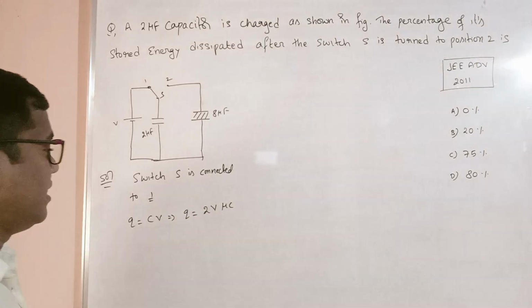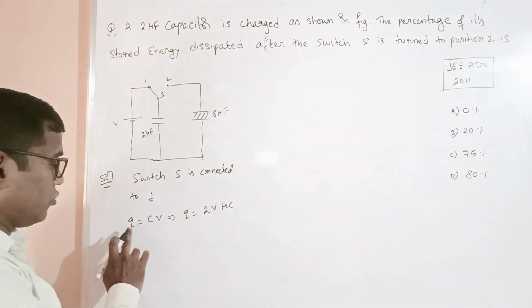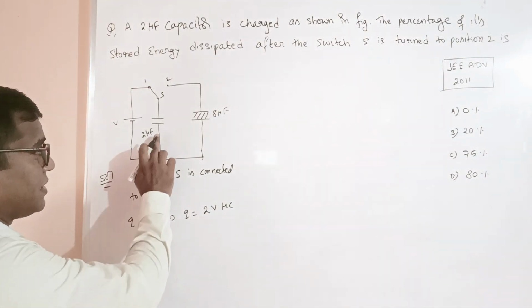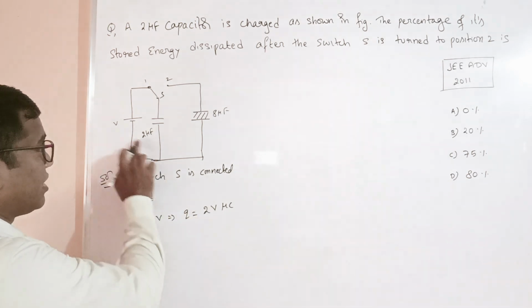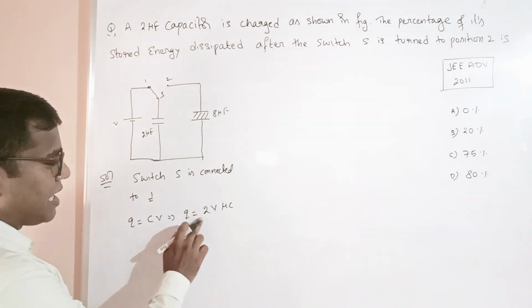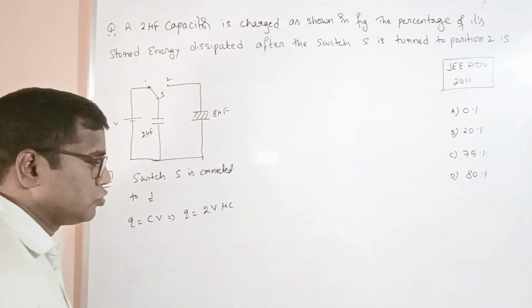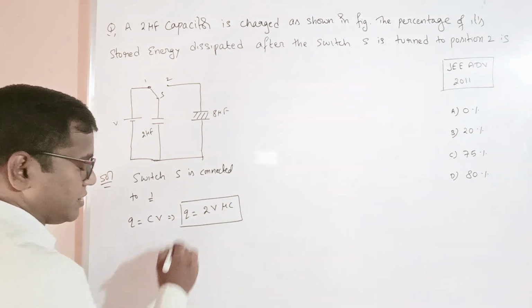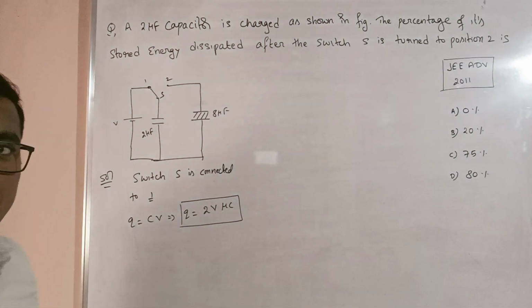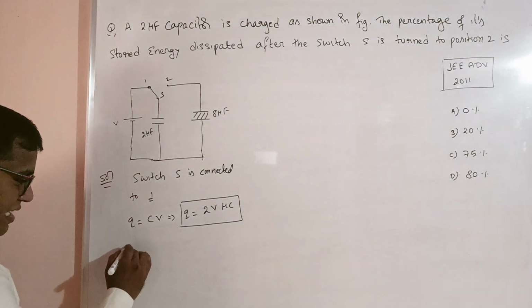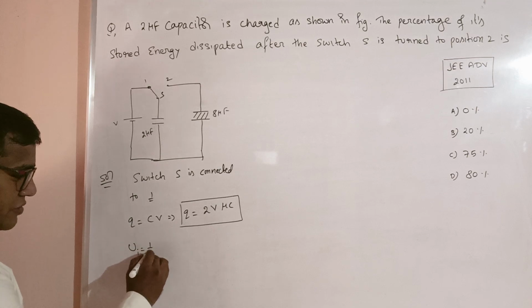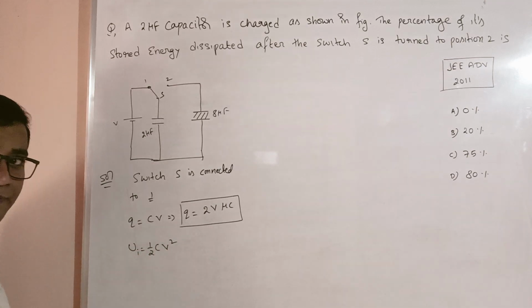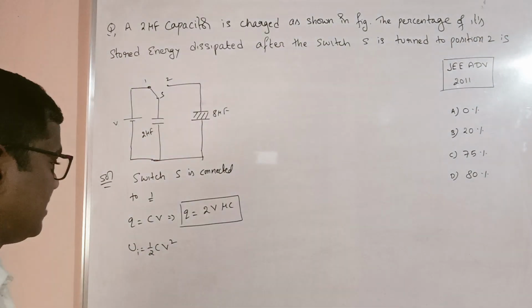I hope you are understanding. The charge formula is Q equal to CV. Capacitance is given as 2 μF and potential is V. So the charge stored in the capacitor is 2V μC. After that we will calculate the energy. Initial energy is half CV square.